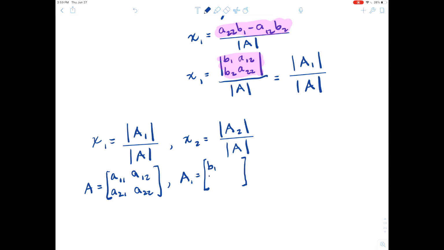So B1, B2, and then this will still be A12, A22, and then what would A2 be?